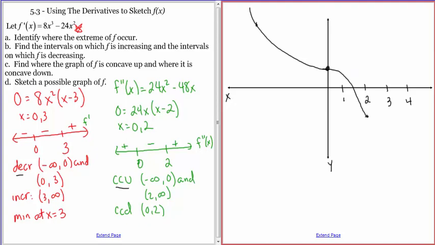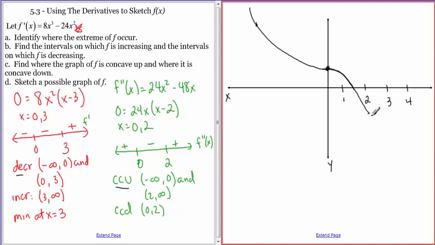It's all concave down. And then at 2, we change back to concave up.